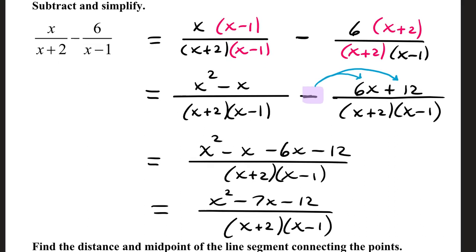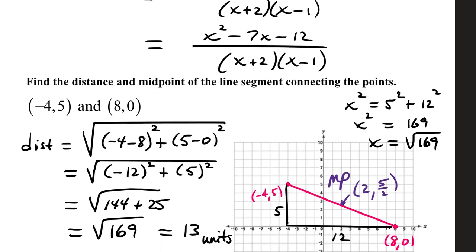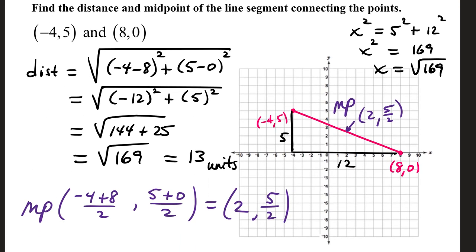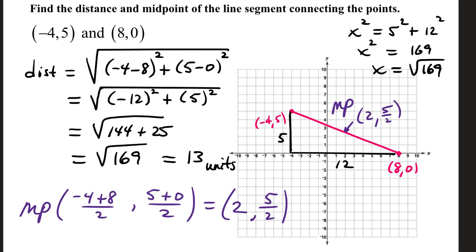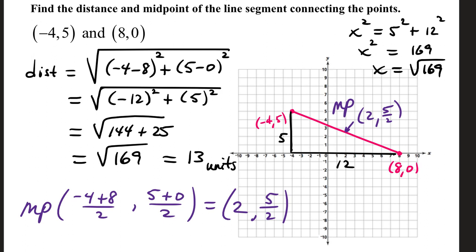And then finally, we have a distance and midpoint problem where you're asked to find the distance between 2 points and the point halfway between them. Let's start with distance. If you plot negative 4, 5 and 8, 0, you will land at these two places.